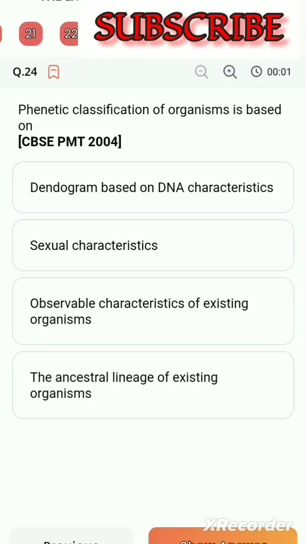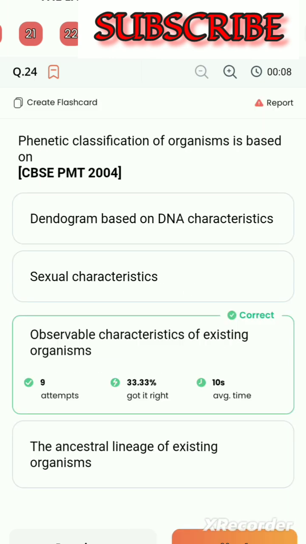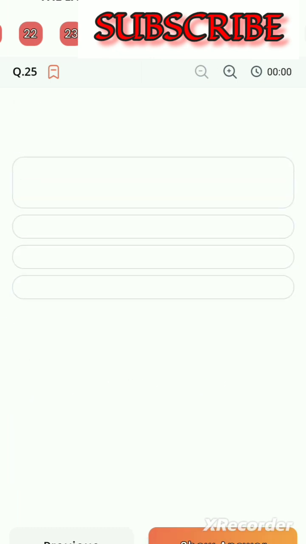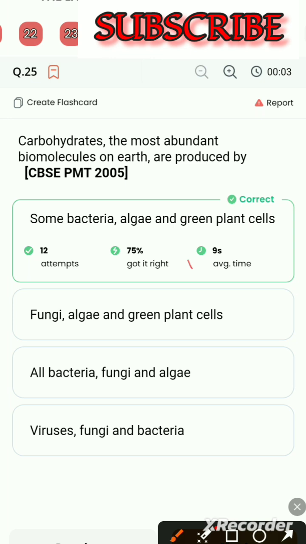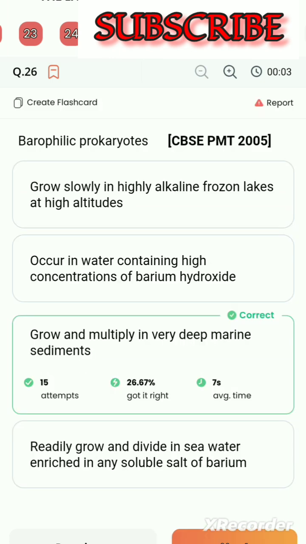Phenetic classification of organisms is based on observable characteristics of existing organisms. Carbohydrates, the most abundant biomolecules on earth, are produced by some bacteria, algae and green plant cells. Question number 25. We have completed 26 now. Barophilic prokaryotes grow and multiply in very deep marine sediments.